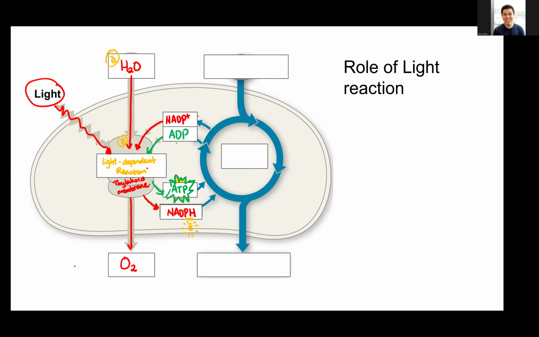So now the ATP and NADPH are being used by light-independent reaction. ATP has that high energy, NADPH has the electron that's high energy, and the role of light-independent reaction is to store all this energy from the two molecules using CO2 and store it into a compound, which is glucose.